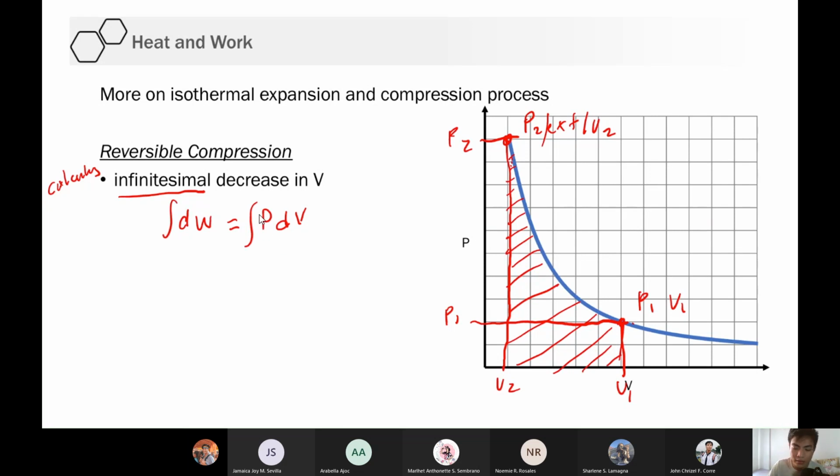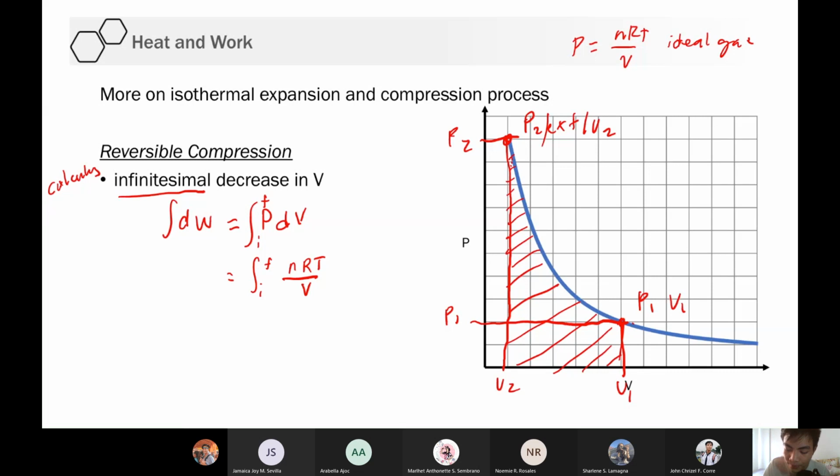So, what's the pressure again? The pressure is nRT over V. Ideal gas pa rin yan. Okay. nRT over V. Dahil yan sa assumption na ideal gas yan.